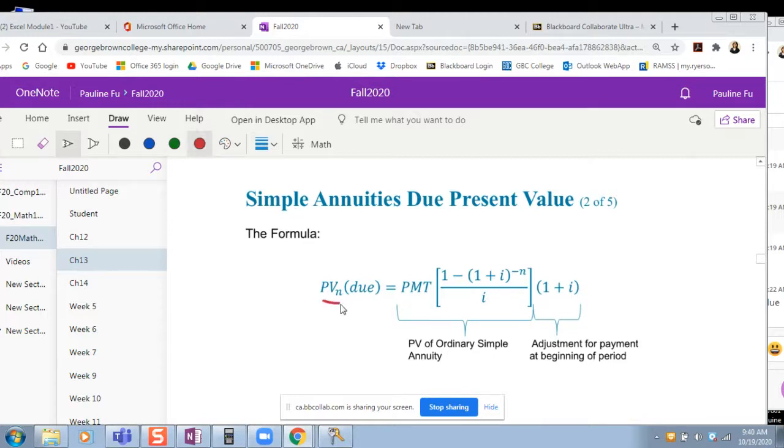Remember, this formula is the present value for an ordinary simple annuity. Then multiply by 1 plus i, and it becomes the present value of an annuity due.